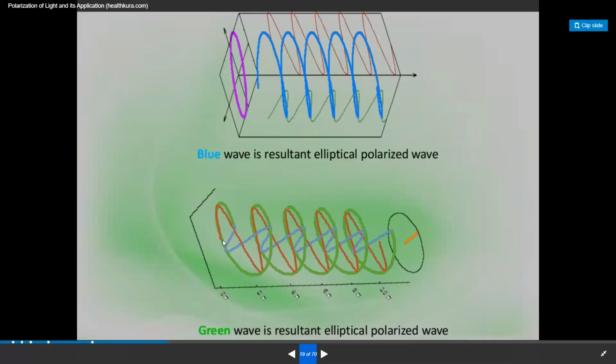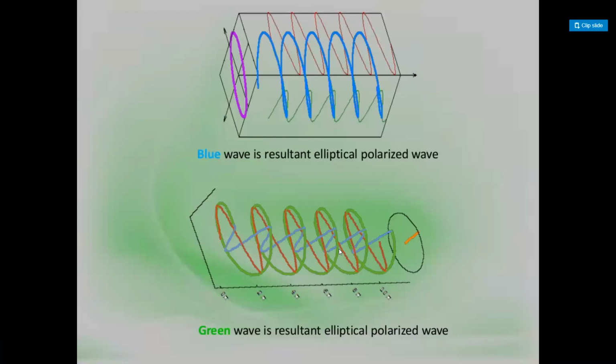Here the clear image is, you observe that. The red color indicates one of the plane polarized lights, and the blue color indicates another plane polarized light, and both are superimposed in a perpendicular manner. But the key difference compared with circular polarized light is that they are out of phase.